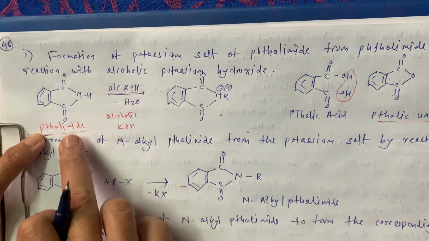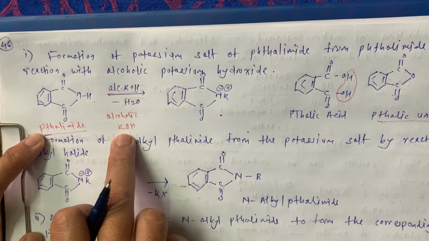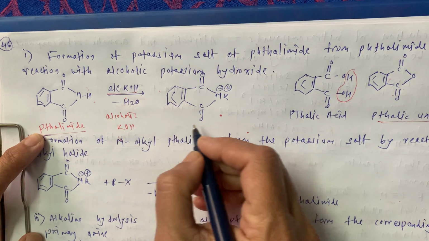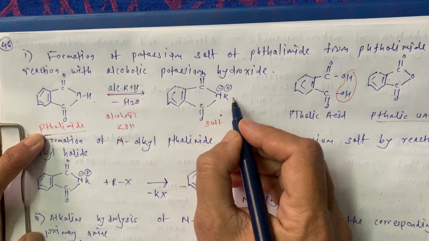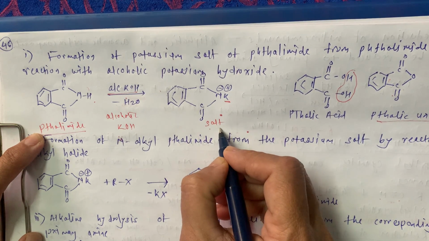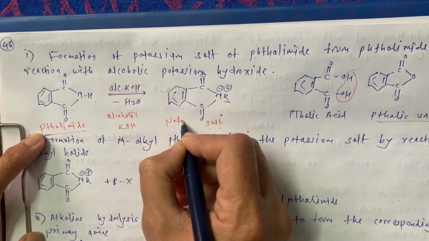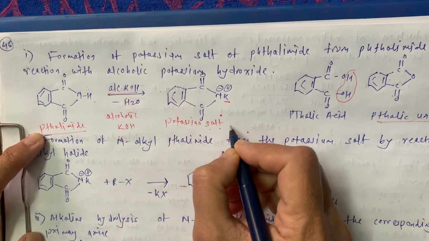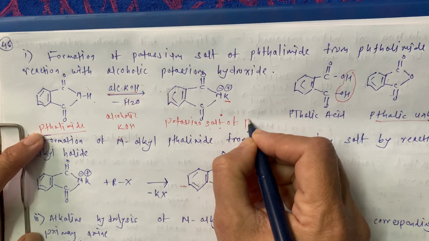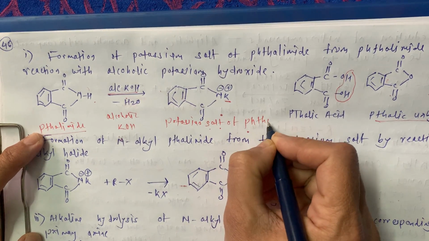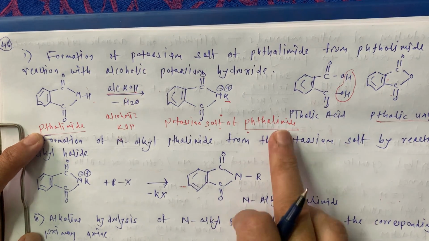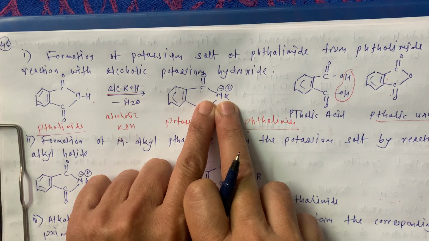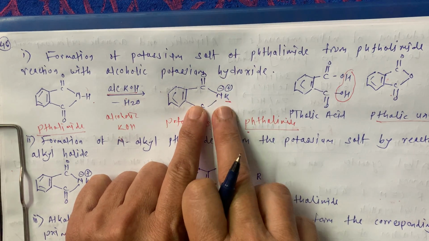When it is treated with alcoholic KOH, then there is formation of salt. Here it is potassium, so this is known as potassium salt of phthalimide, N minus K plus.